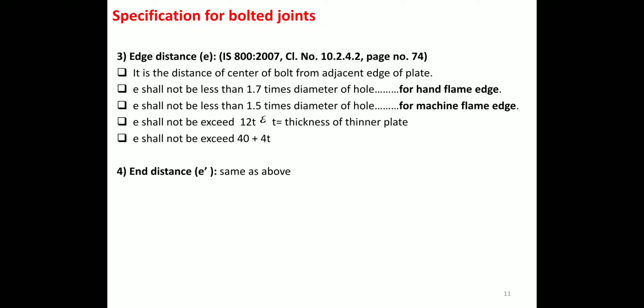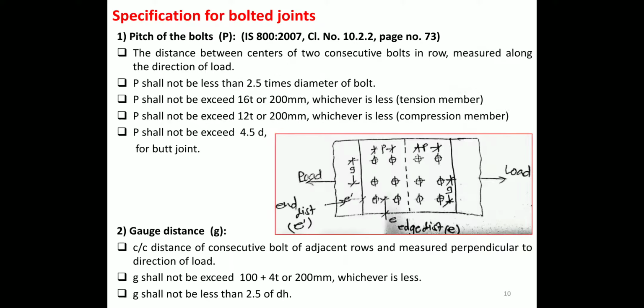Third specification is known as edge distance, as per IS 800 2007 clause number 10.2.4.2, page number 74. So edge distance is the distance of the center of bolt from the adjacent edge of plate. See the previous figure.